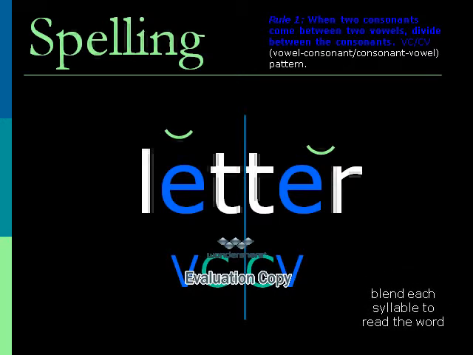So when we blend each syllable together, we will read the word letter, L-E-T-T-E-R, letter. Now notice the first syllable is actually a real word, let.